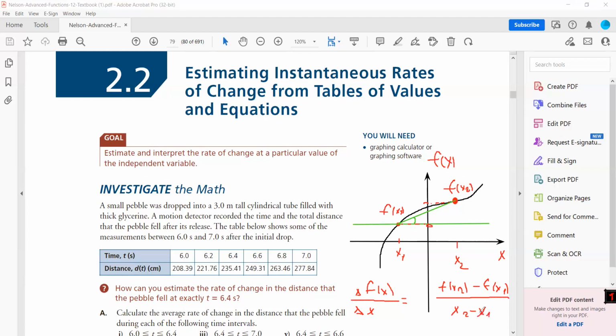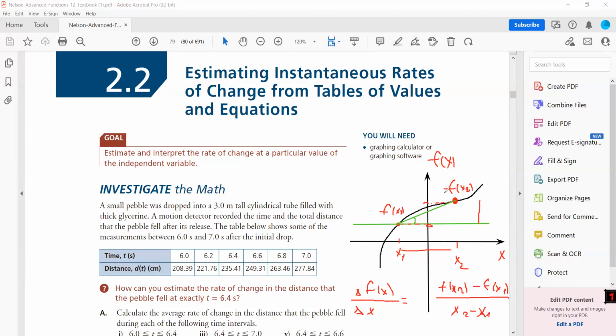From the end, we subtract the beginning. So basically, it is the difference in rise of a function over run of a function. This is run and this is rise. Rise in the range and run in the domain.